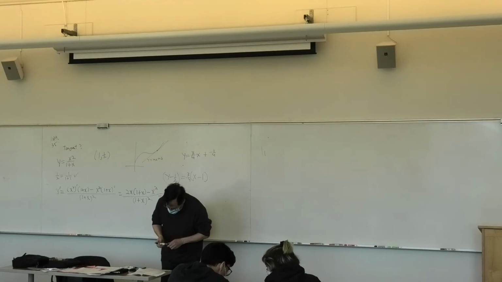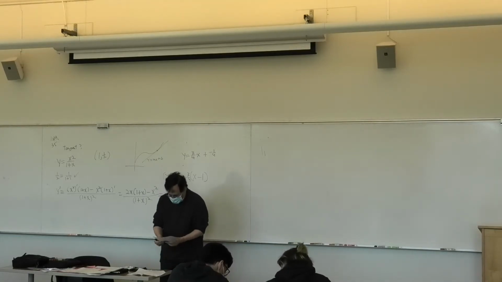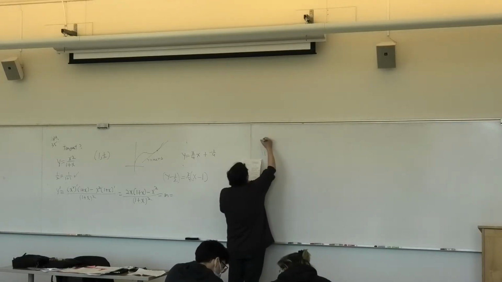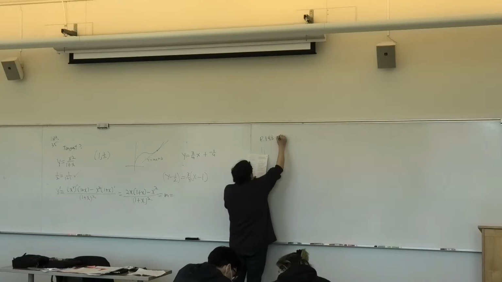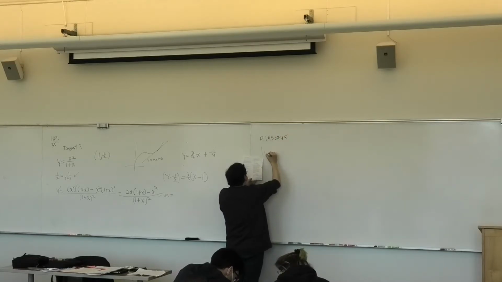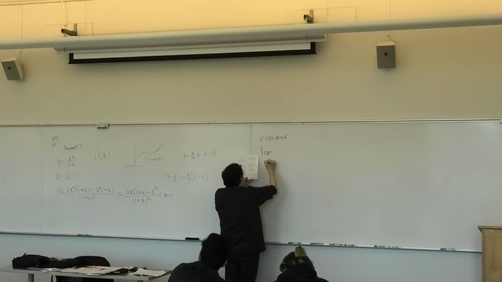I'm glad you asked about this one because it's typical of a certain kind of problem. Page 198, number 45. It seems tricky if you don't know the trick. The trick is very simple.